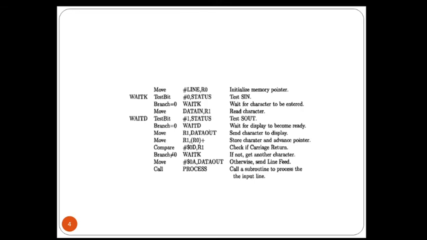Then Move DATAIN, R1: wait for the keyboard to enter a character and then read it. The character read is stored in data in, and the data in contents are moved to R1. This is for WAITK, the keyboard. Next, for the display, check the status flag, that is SOUT, and then Branch equal to 0, WAITD, to wait for the display to become ready to display a character.